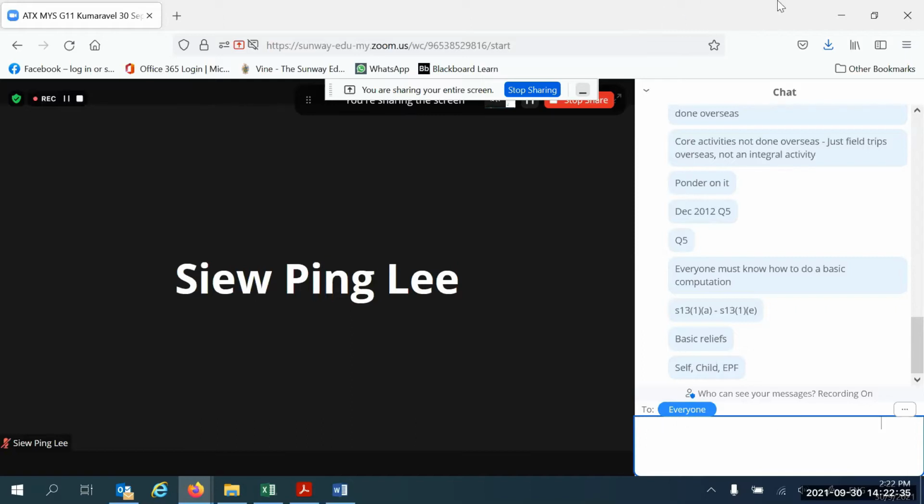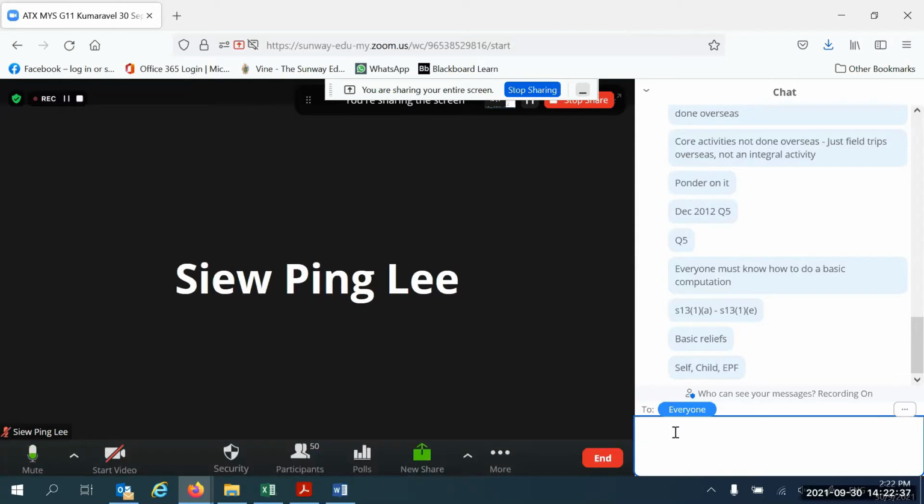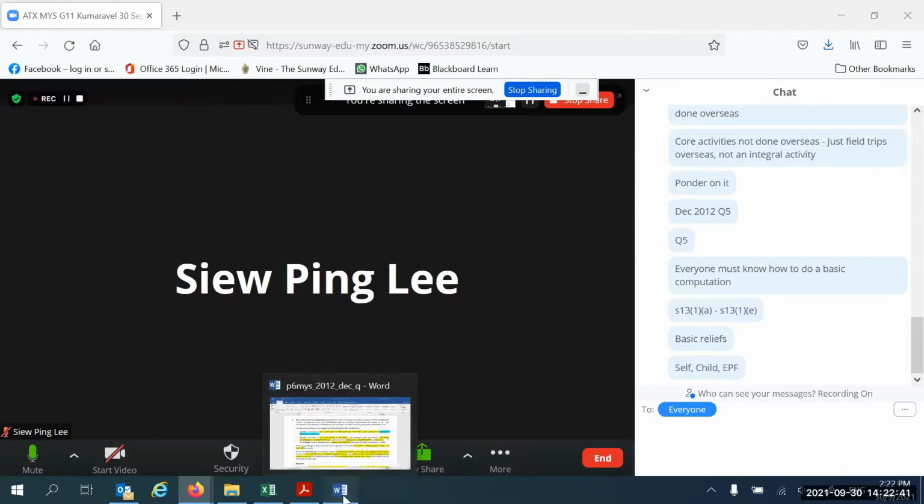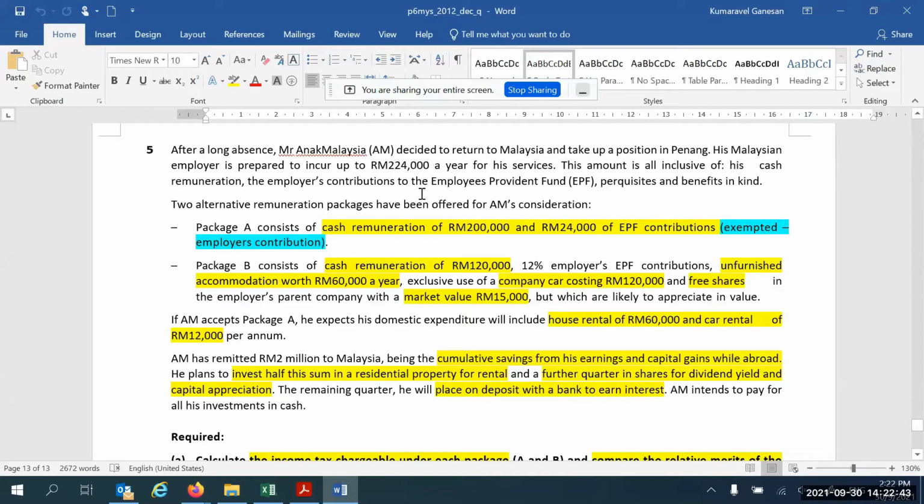So these are the basic reliefs, self, child or EPF. Now, next one.